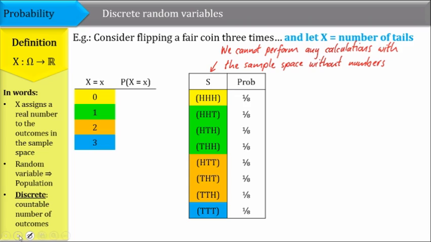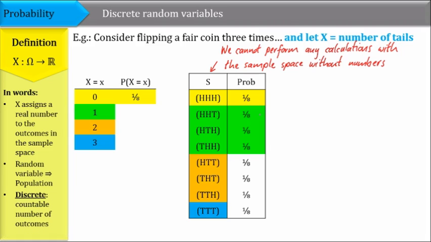Now we can actually find the probabilities for x as well. In other words, what are the chances of getting 0 tails when you flip a coin 3 times, or getting 1 tail, or 2, or 3? We simply look at the probabilities associated with the outcomes in the sample space, and we assign these probabilities to our random variable. So the first one, 0 tails, will have probability 1 over 8.